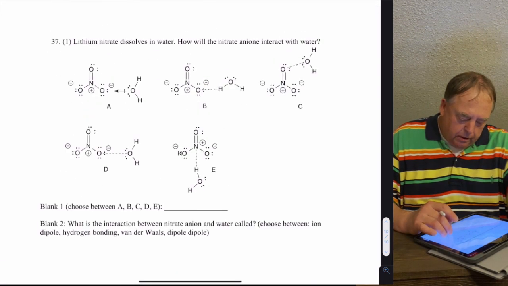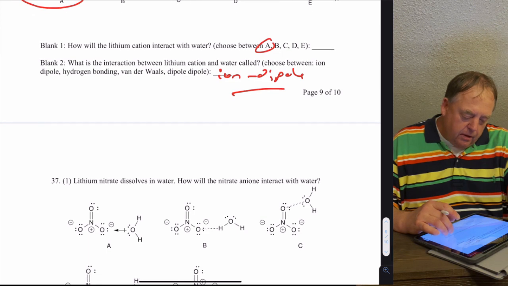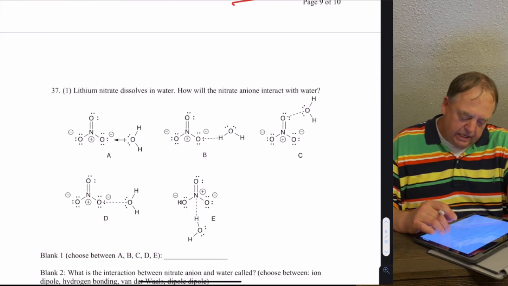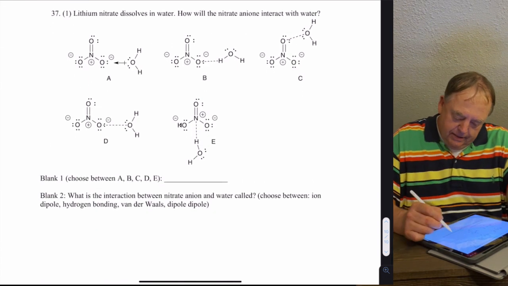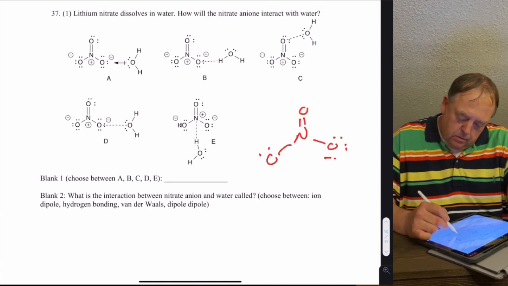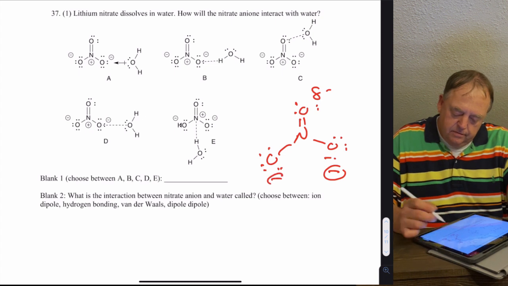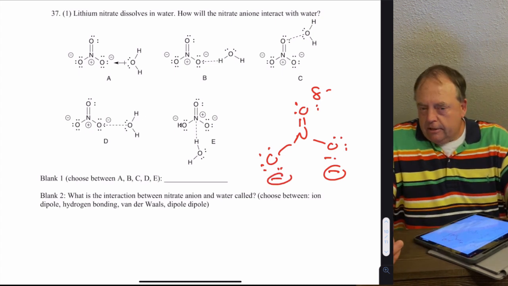37. Okay, so last one. So the lithium nitrate, so now the other half of this, what is the nitrate going to look like in water? Well, nitrate, that oxygen is partial negative, these two oxygens are full negative. So negatives are going to be attracted to positives.